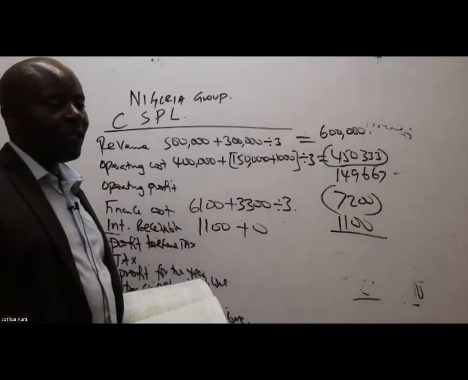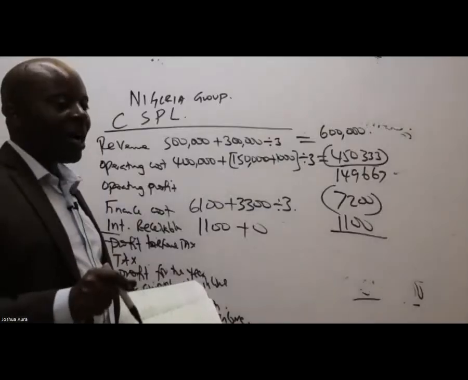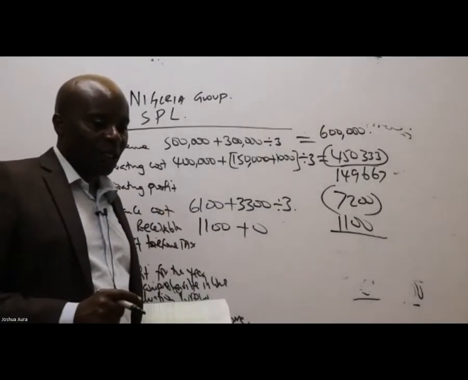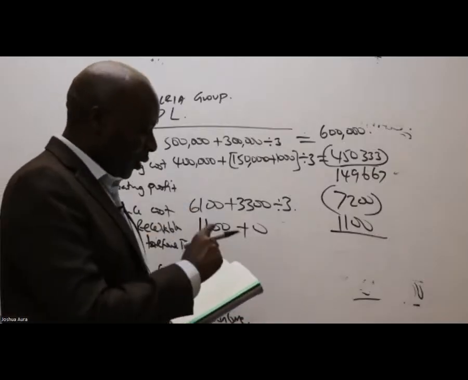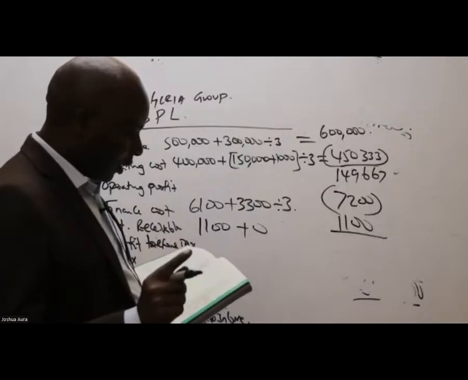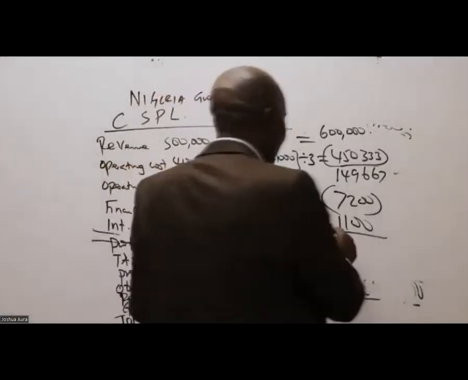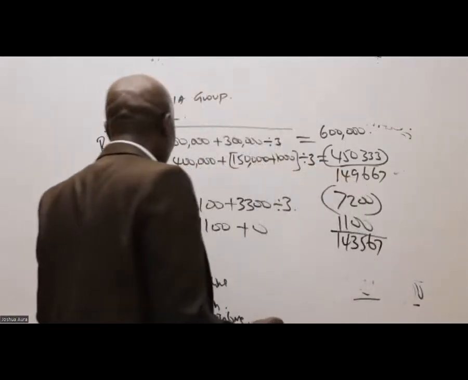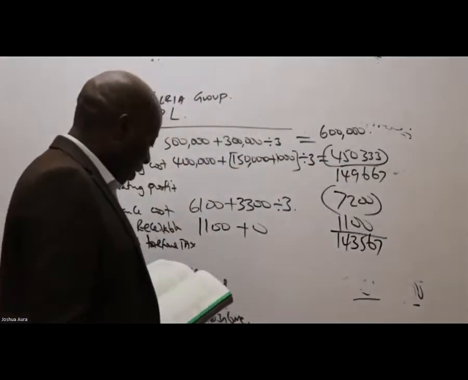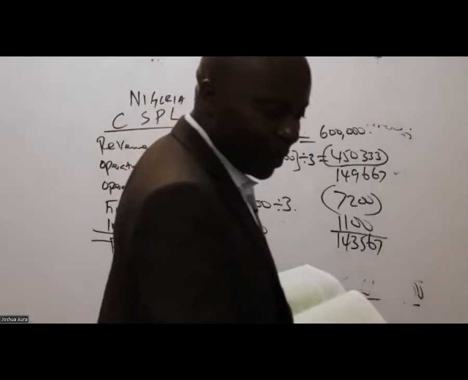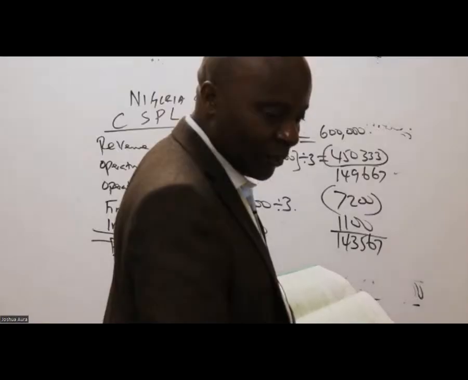For those of you who did this exam last semester and failed, I'm so sure you misinterpreted the question of a foreign subsidiary so seriously. The profit is 143,567. And then we have now the tax.